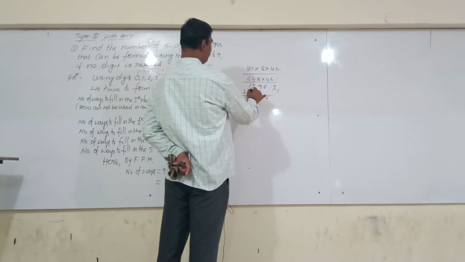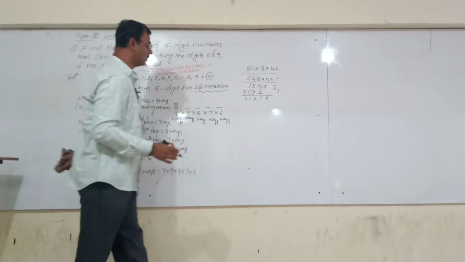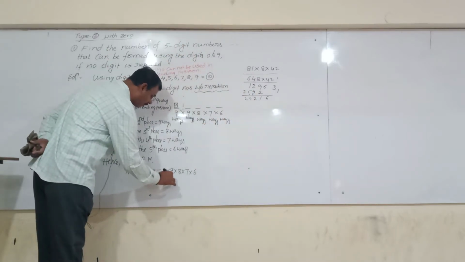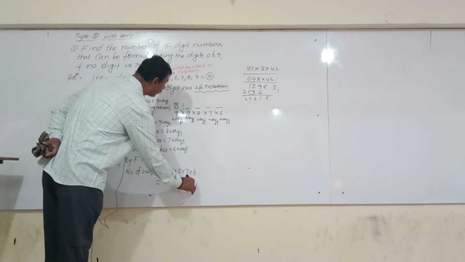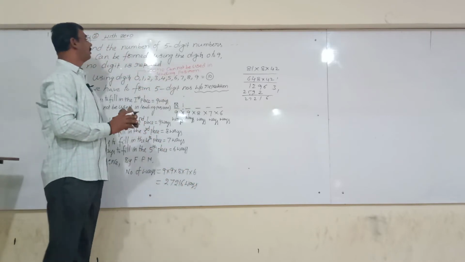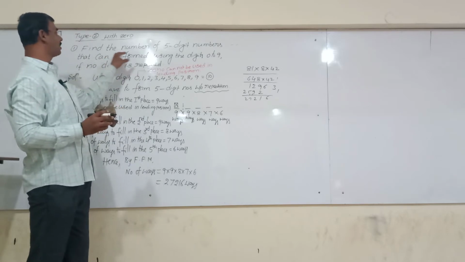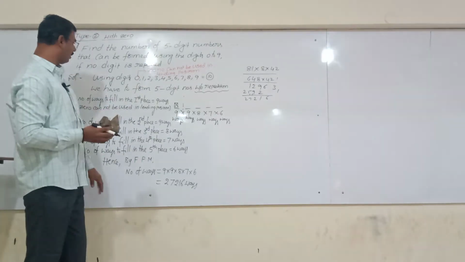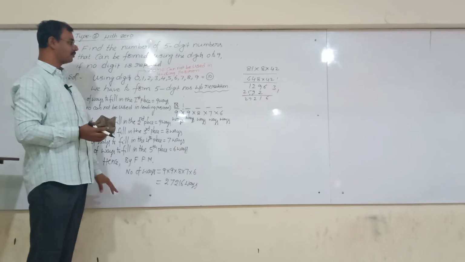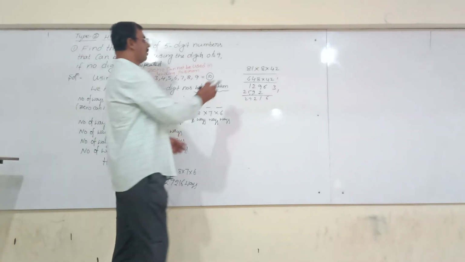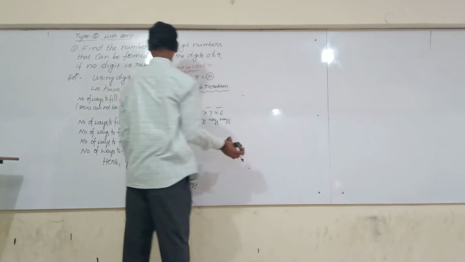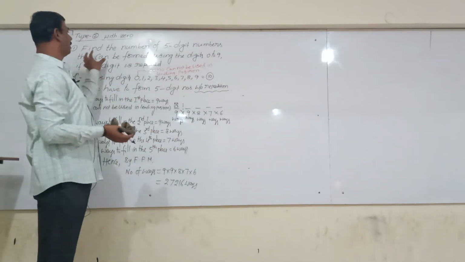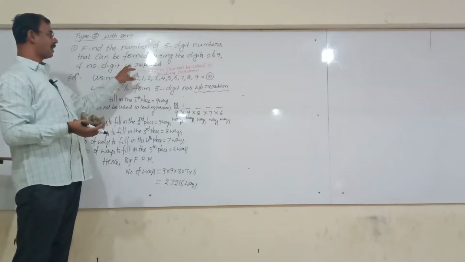The answer is 27216 ways. This is the number of 5-digit numbers using 0 to 9 where repetition is not allowed. All of you remember this type of question, very important.